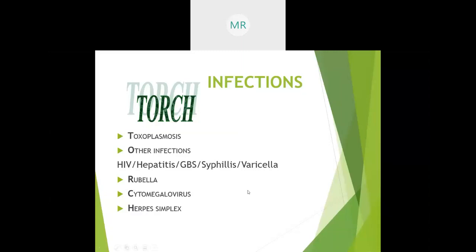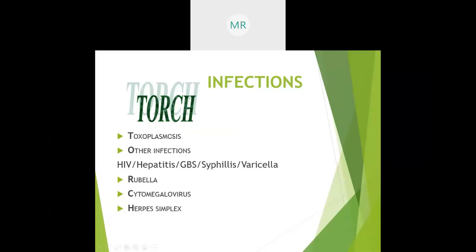Toxoplasmosis, GBS, and herpes are the ones that you're pretty much going to see. Hopefully, we've given enough education with toxoplasmosis that patients won't have it. Usually 1 in 900 develop toxoplasmosis.